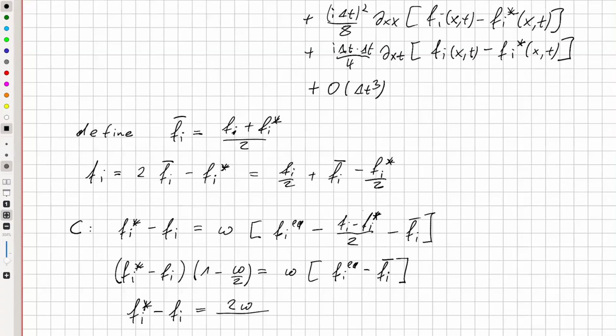It's 2 omega over 2 minus omega times fi equilibrium minus fi over bar, and I call this equation 5.2. So this is the collision operator. This is the change that we make during the collision, the change from before collision to after the collision. And now this depends only on this f over bar, right?